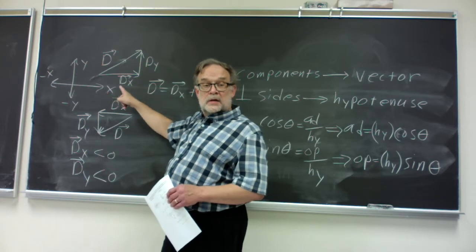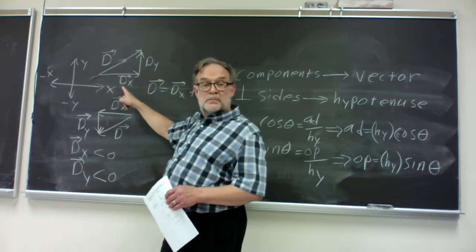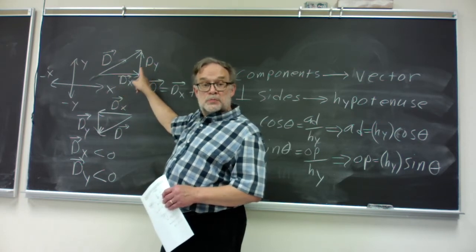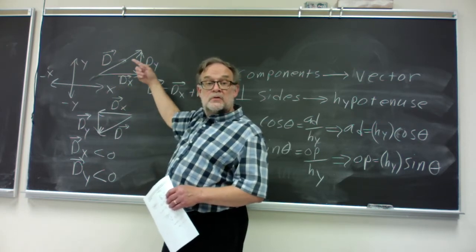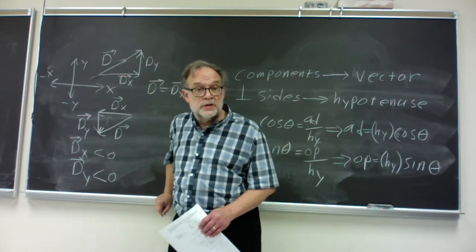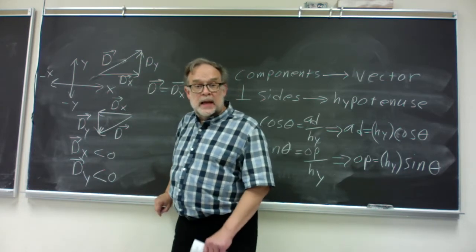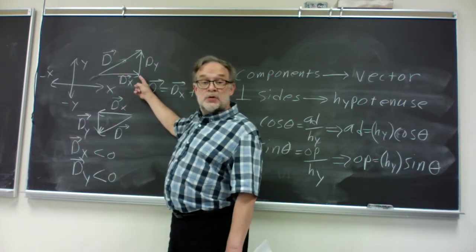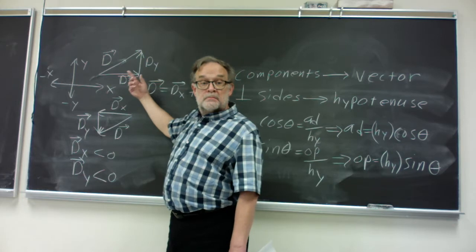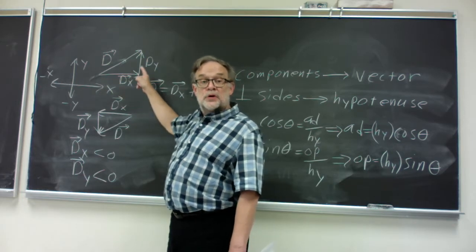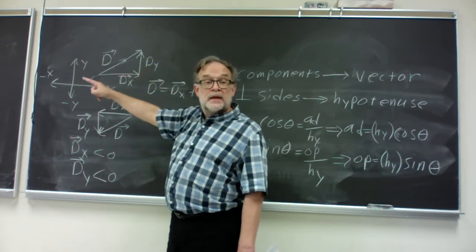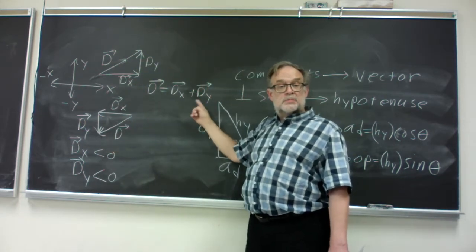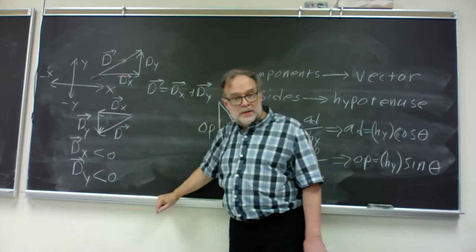And the horizontal displacement we call the X component of the displacement, and the vertical displacement we call the vertical component or the Y component of the displacement. And the two components, dx and dy, are connected tail to tip because adding the X component and the Y component together gives you the vector itself. Dx plus dy equals the vector D.